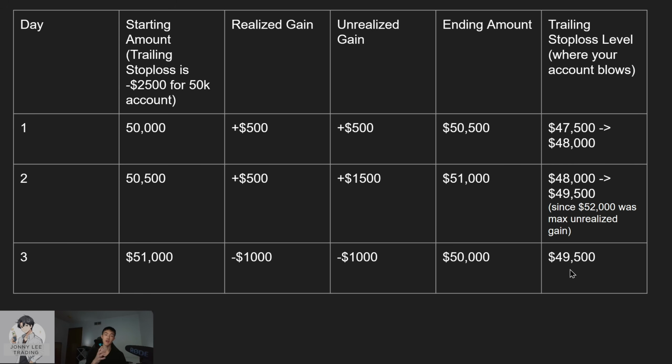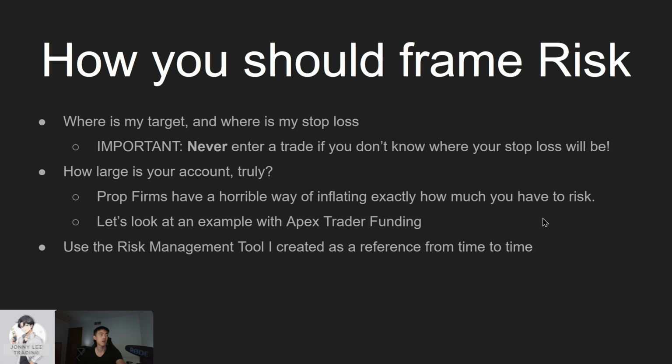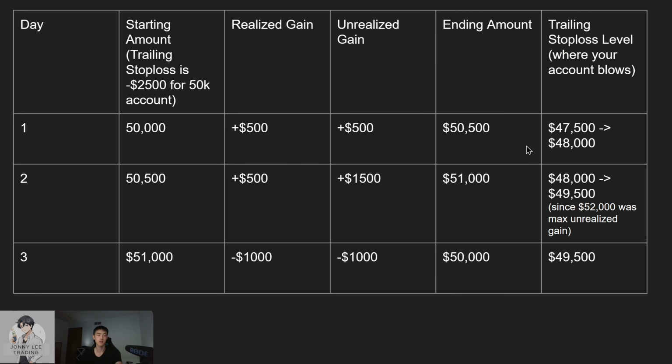So that means that in $500 more dollars, you're gonna blow your account, right? So that's where proper risk management and framing it risk is really important. That $50,000 account, you don't actually have $50,000. You have whatever you've trailed up on your account.